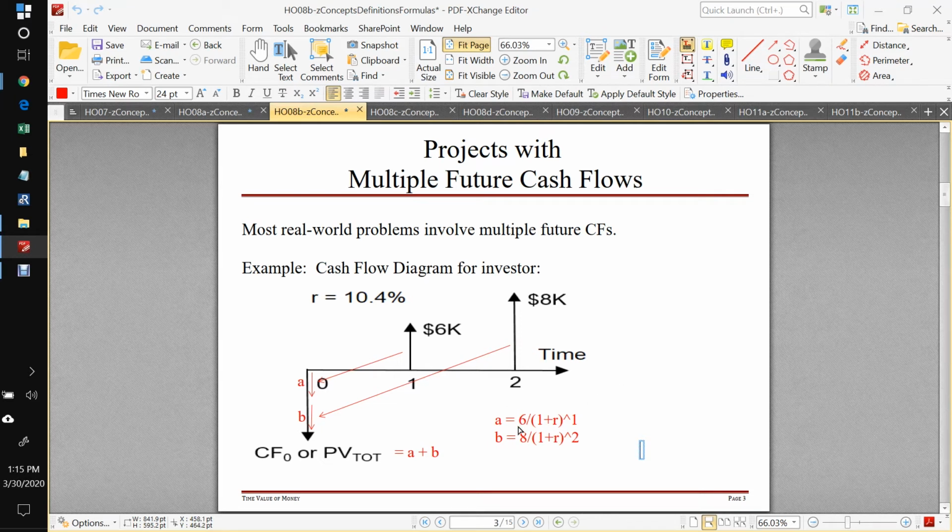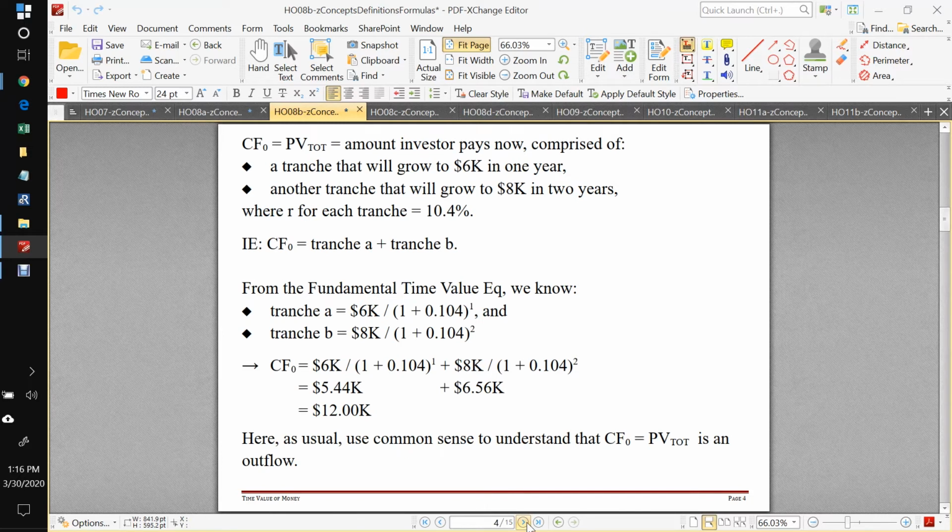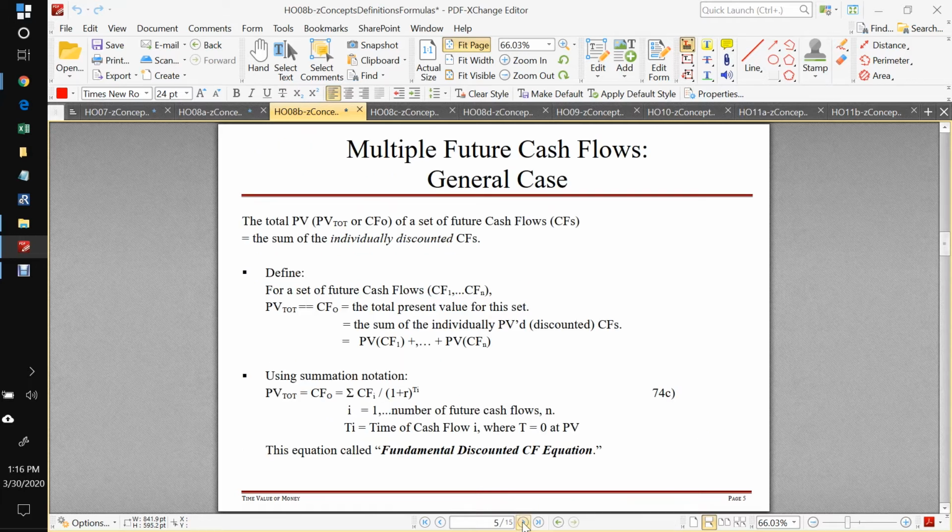Notice how we always discount first when we're considering PV tote or t equals 0. Always discount first, then add them up. On this page, I've just got in words what I just went over on the previous page, so it's probably a good idea for you to review all the wording on this page.